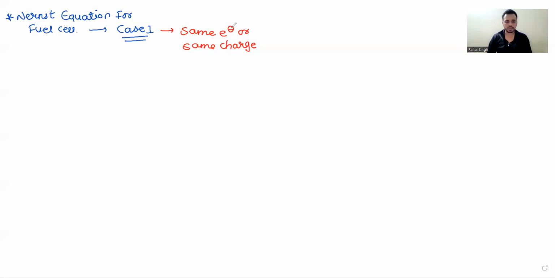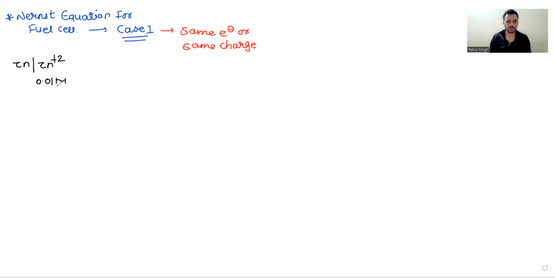So for this one, we will take a very short question. We are taking a zinc rod in ZnSO4 solution, and we are taking this solution as 0.01 molar. If it is 1 molar, we take it as standard condition.